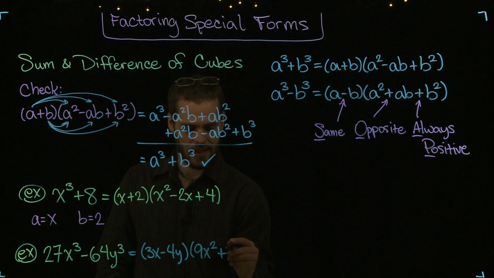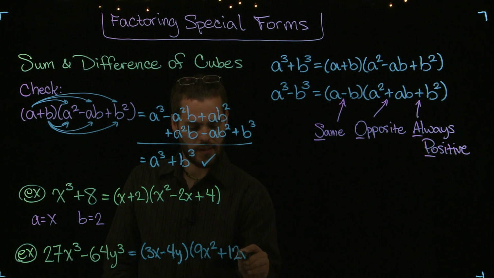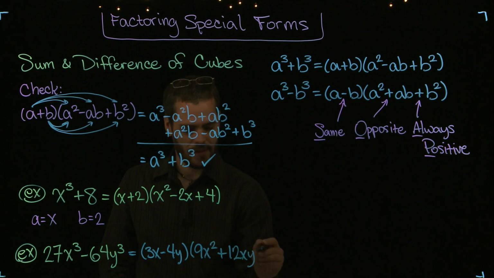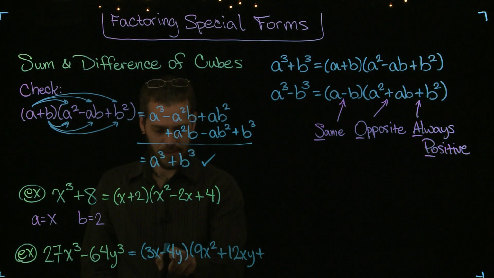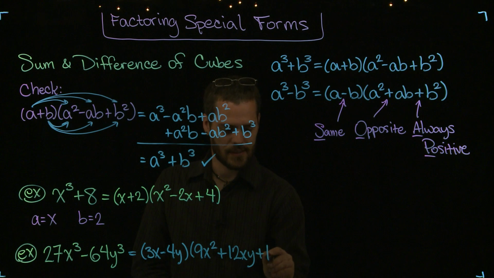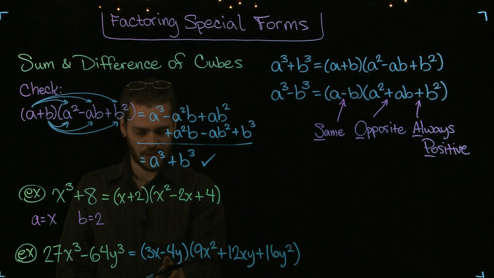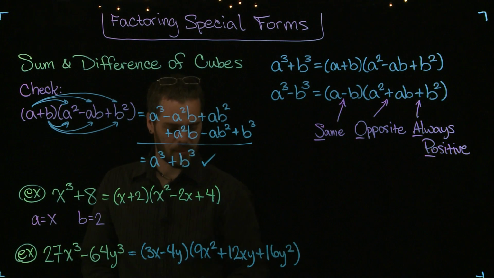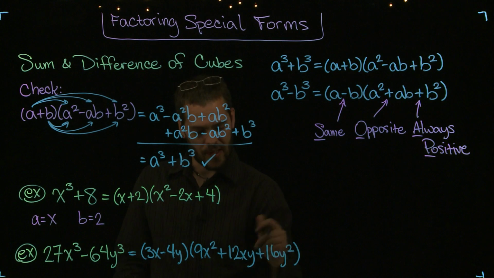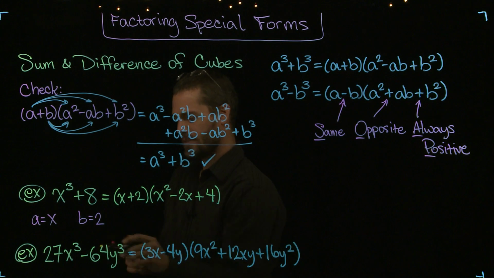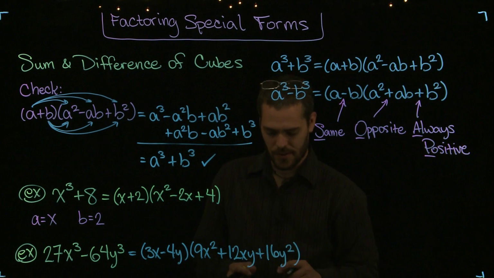Multiply these two guys together without the sign to give me 12xy, and then always positive. This guy squared is 16y squared. And that's it. Here's my signs. Let's check that. Same, opposite, always positive. And if you remultiplied it through, that's the real way to check. See if that comes out to what you started with.